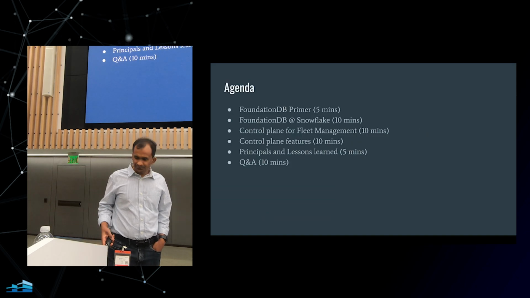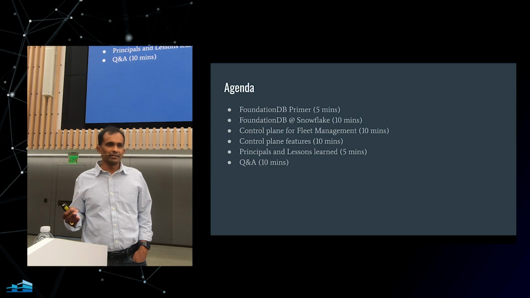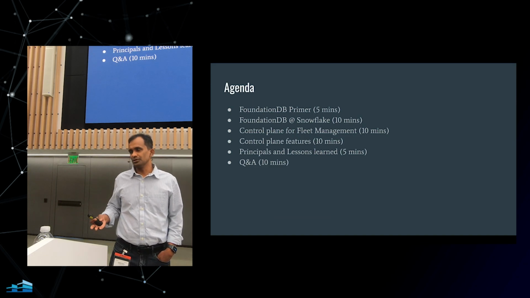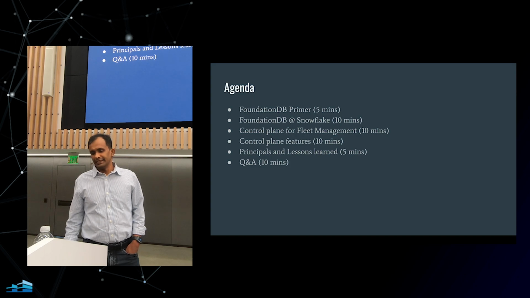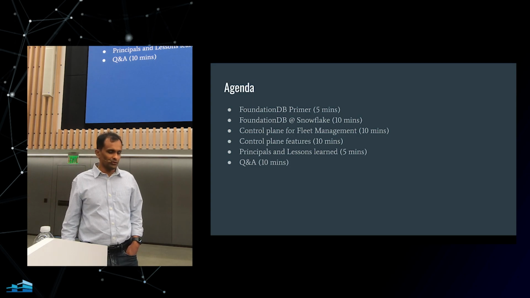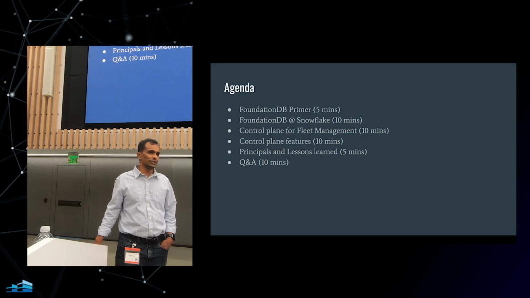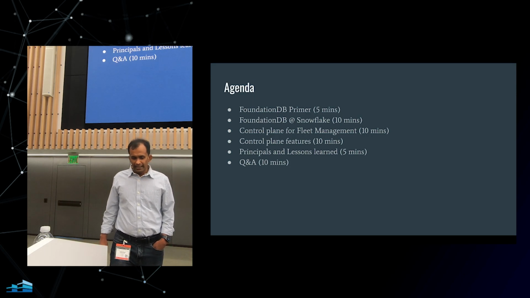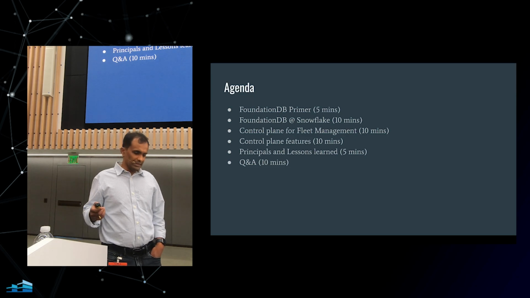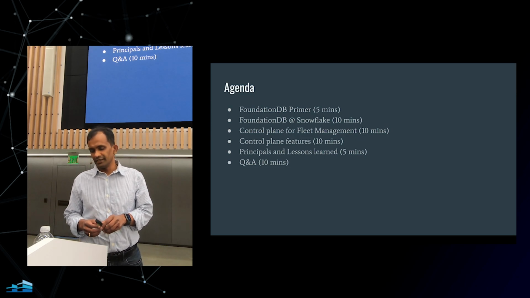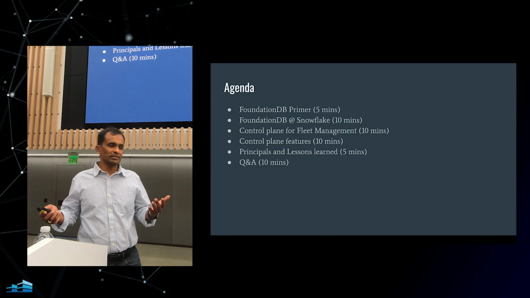This is the agenda. I'll give a quick introduction to FoundationDB itself, the KV store, and then we will talk a little bit about FoundationDB at Snowflake, like the scale and how we use it, why we use it, etc. And we'll talk a little bit of a generic introduction to the control plane itself, and what control plane means.